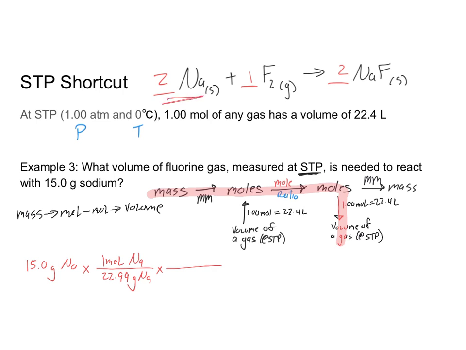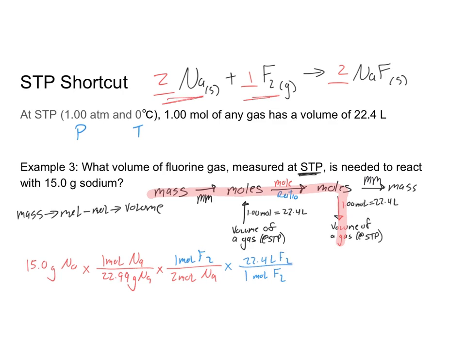Sodium to fluorine is a 2-to-1 ratio, so I'm going to take 2 moles of sodium for every 1 mole of fluorine. Now at this point, instead of going to mass of fluorine, I'm going to go to volume of fluorine, because I know that 1 mole of fluorine is equal to 22.4 liters of fluorine.